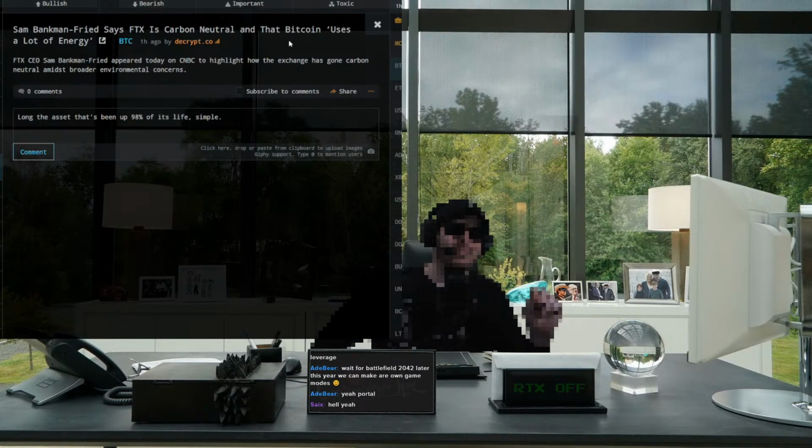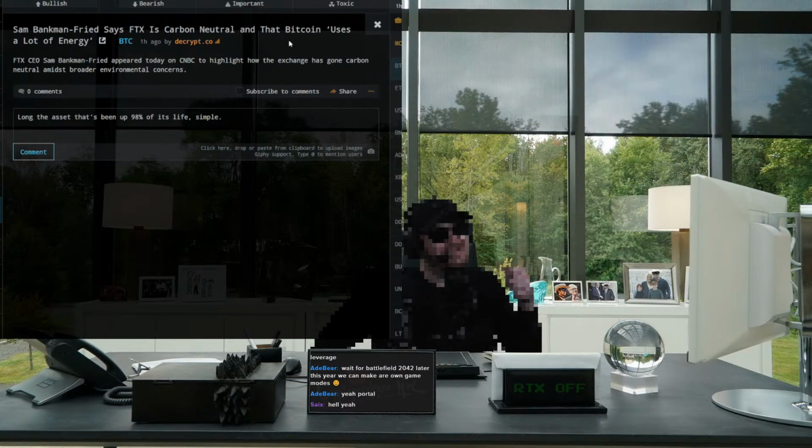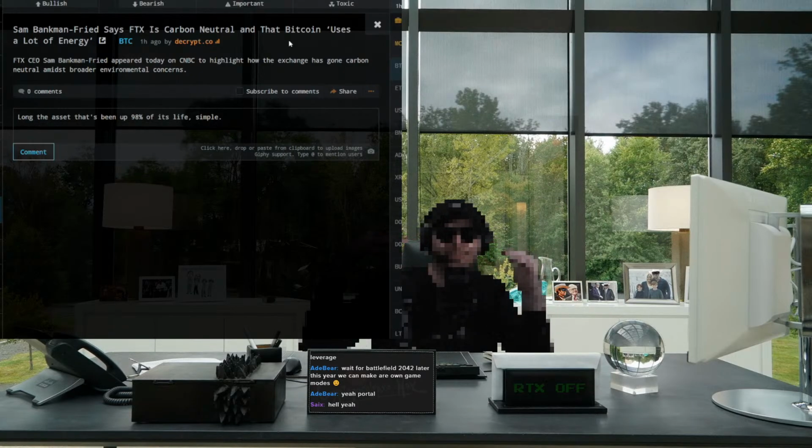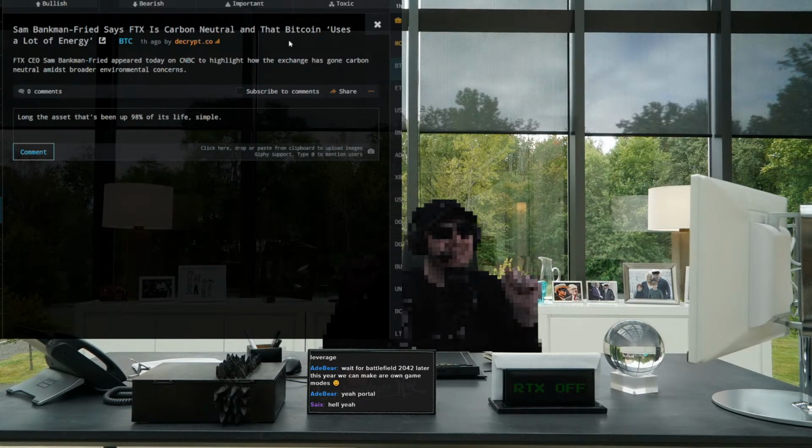Since the beginning of time, CZ, Sam now, others, they have these little tiny mind manipulation stabs at the public where they have their own token, and a massive conflict of interest arises from that, because every time CZ would tweet bullish news about Bitcoin, he would add BNB at the end, or he would say something like, anything that starts with B is bullish.